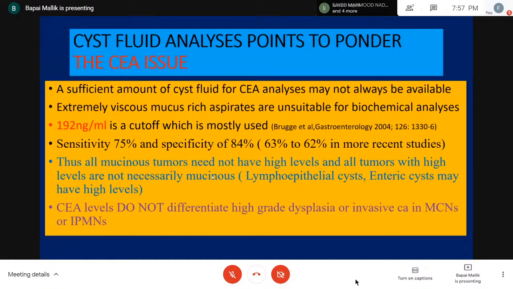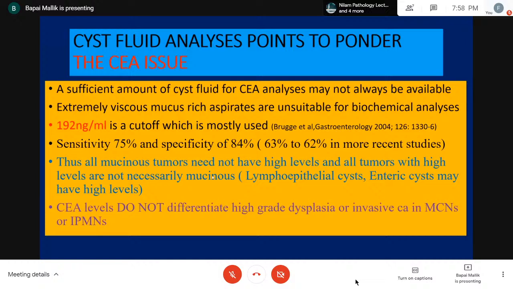What about the CEA? So first of all, a sufficient amount of cyst fluid for CEA analysis may not always be available, and extremely viscous mucus-rich fluids are unsuitable for biochemical analysis.